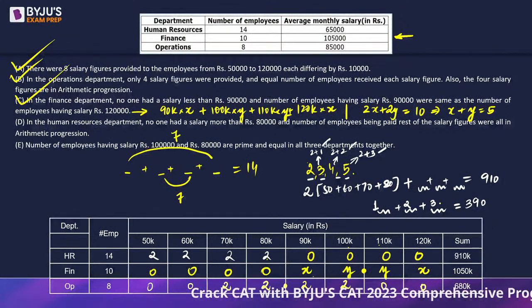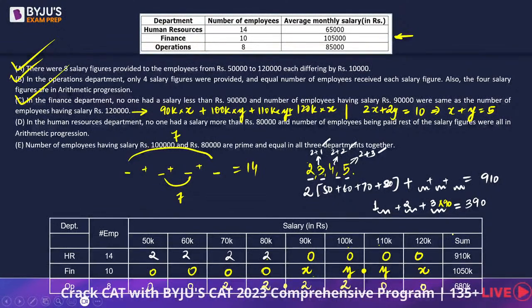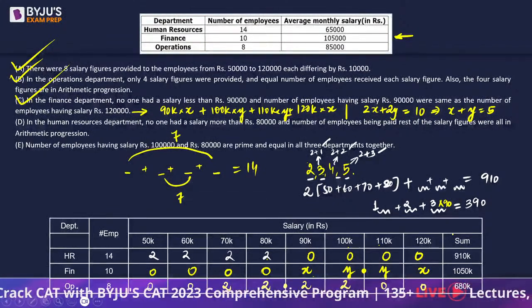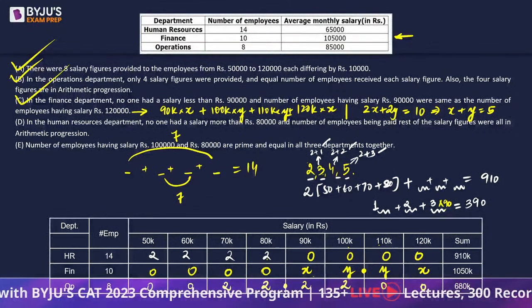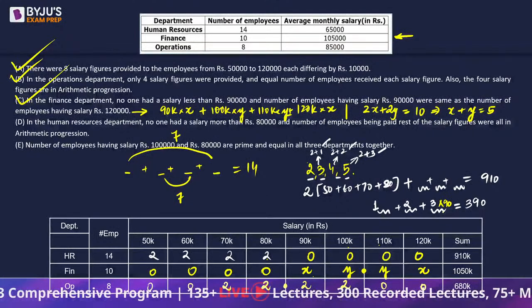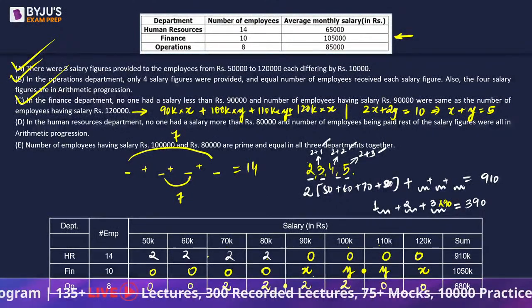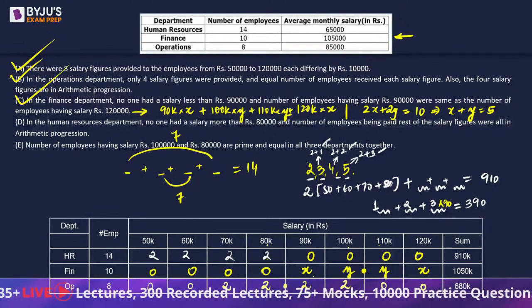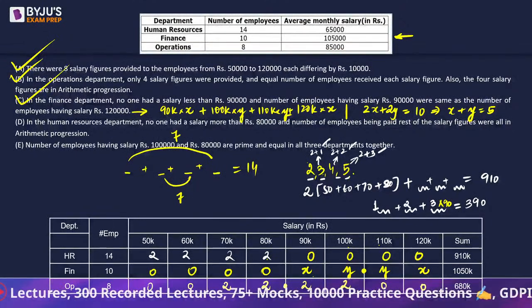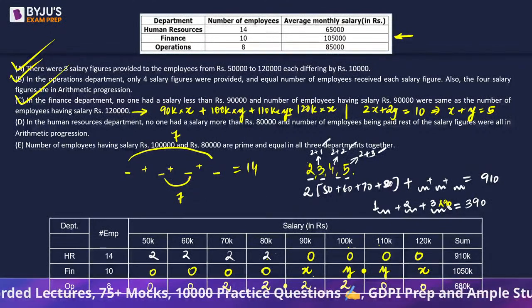So अगर मैं 3 into 90 कर दिया, so this is 270. So I need another 120. If I need another 120, तो 120 2 into 50 and 6 नहीं हो सकता. So can we say 80,000 cannot be 5? ये 5 नहीं होगा. ठीक है.